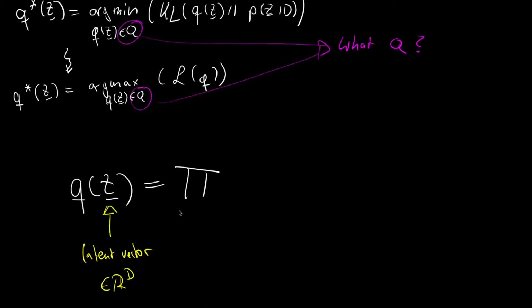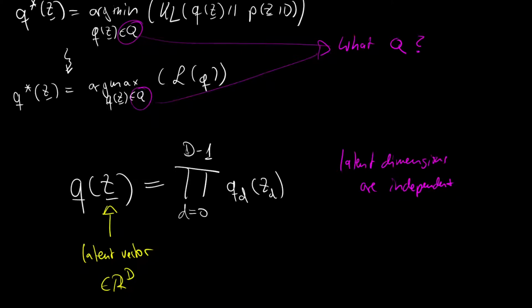So we have distributions q_d of z_d, going from d=0 to capital D minus 1. So in other words, if you have latent variables on 3 different parameters, then this would mean that the latent dimensions are independent. So we note this down: the latent dimensions are independent.